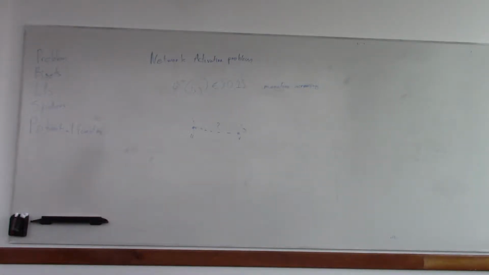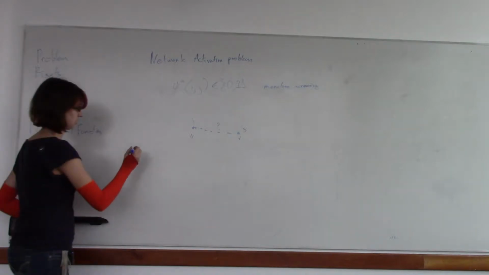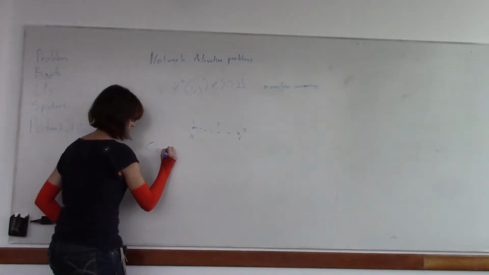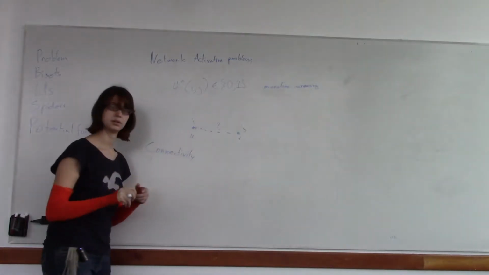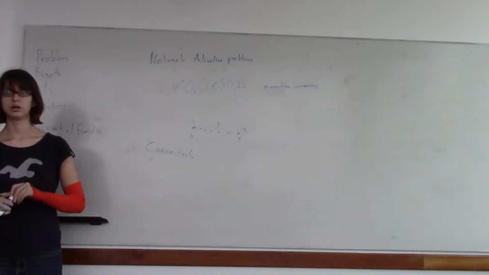But Boolean usually refers to the input being Boolean. Yeah. i and j can be any weights. So that's the network activation problem. We're going to specifically be looking at connectivity. Can the weights be fractional as well or integer?